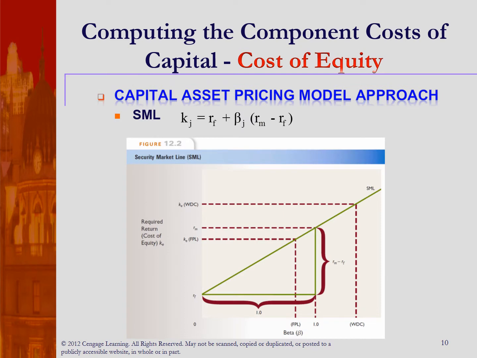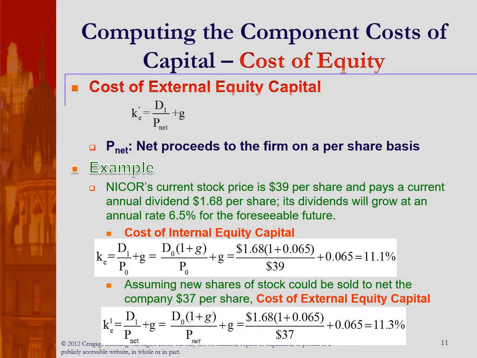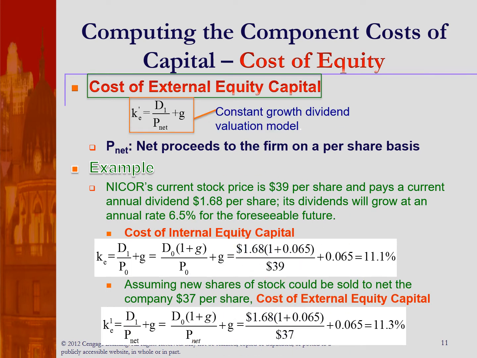Alternatively, we can calculate it through the security market line. We can compute the cost of external equity using the constant gross dividend valuation model. Note, the net proceeds to the firm, calculated by the share price minus issuance costs, are used.